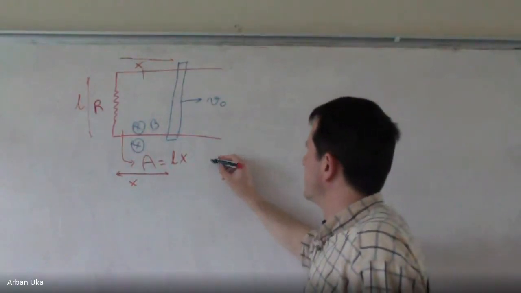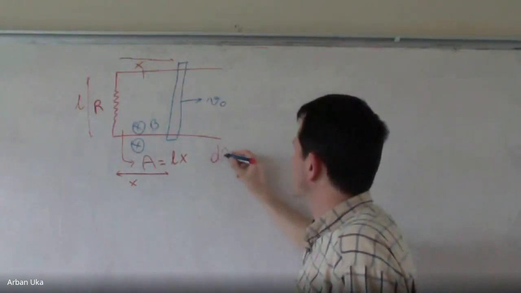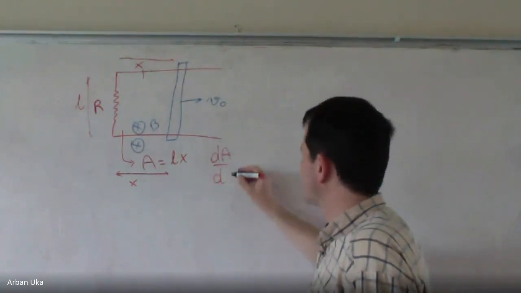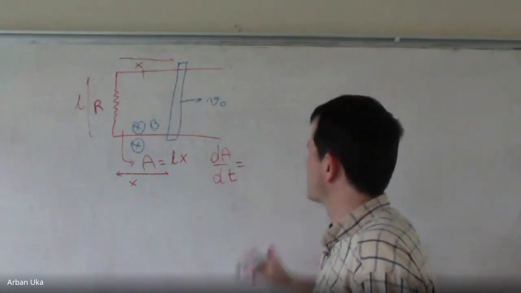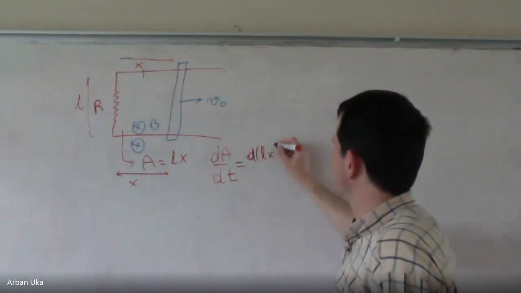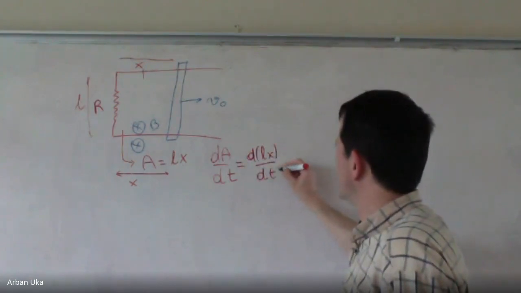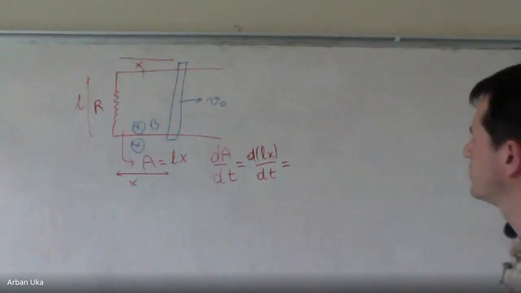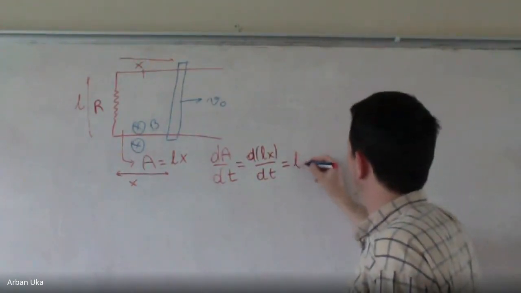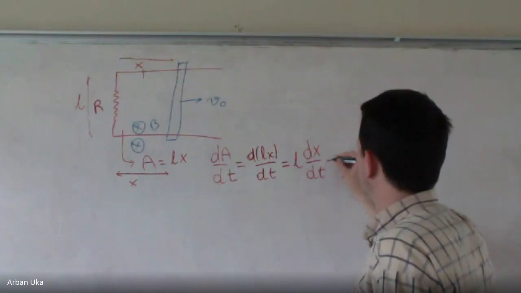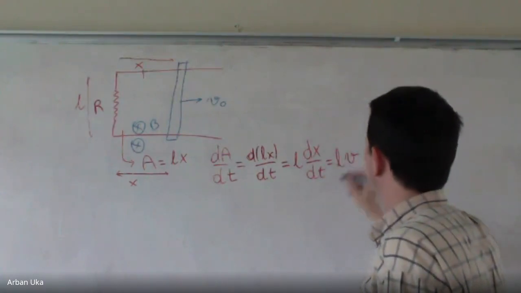What is the rate of change of the area with respect to time? This is equal to the derivative of Lx with respect to time, and in this derivative L is a constant, so we can take it out. This is equal to L times dx over dt, and this is Lv.